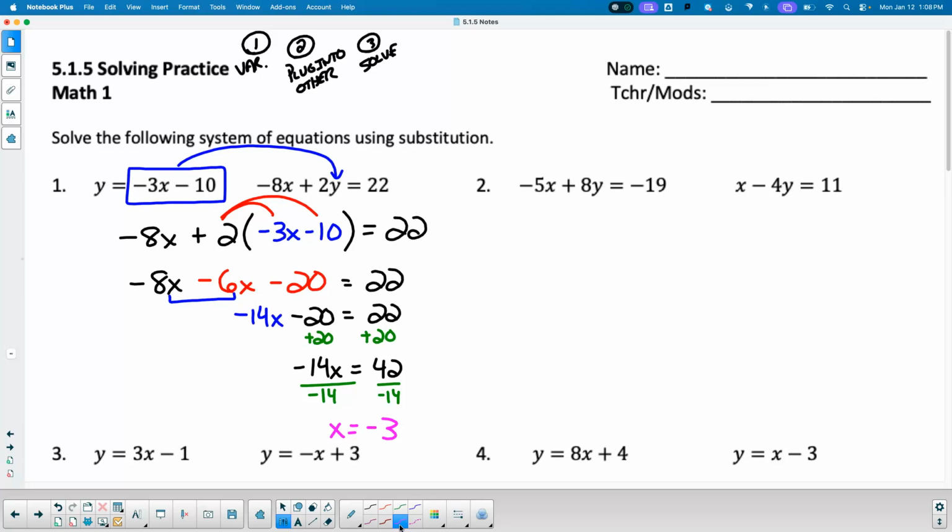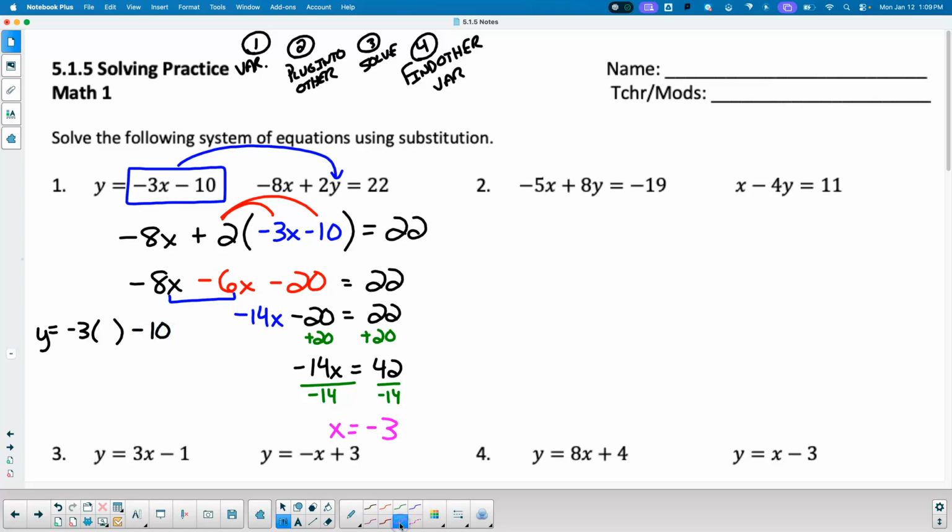Do we agree with that? Okay. Then comes step 4. We're going to find the other variable. So I'm going to plug it back into my original equation, y equals negative 3x minus 10.